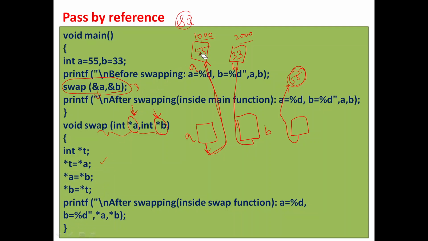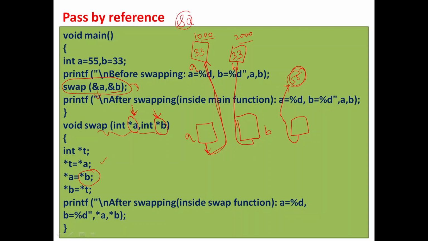By this step, the value of A will be changed to the value pointed by b. Here we are changing the value, not the address.